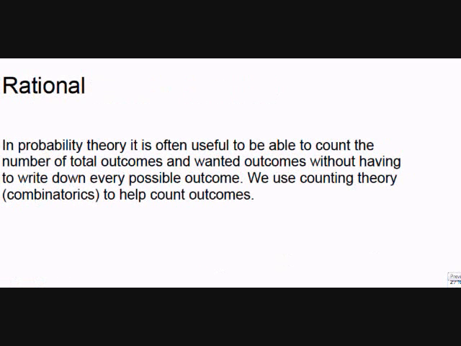There you go. The reason we want to relearn how to count in probability and use these rules for counting is that sometimes we have to figure out how many total outcomes there are, how many wanted outcomes there are, and we don't want to have to write down every single possible combination. Sometimes it's impossible to write them all down because there are so many of them.